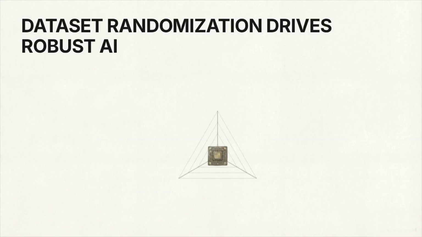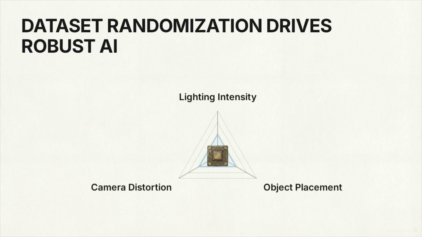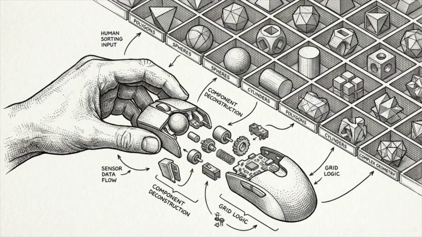Every variable, from lighting intensity to object placement and camera lens distortion, is randomized programmatically to create robust, unbiased datasets. This automated generation forms the foundation of a human-in-the-loop workflow for artificial intelligence.